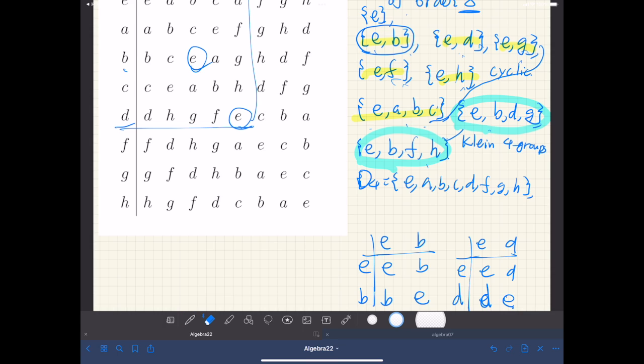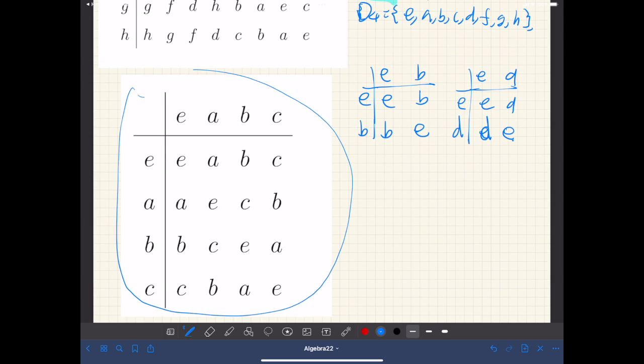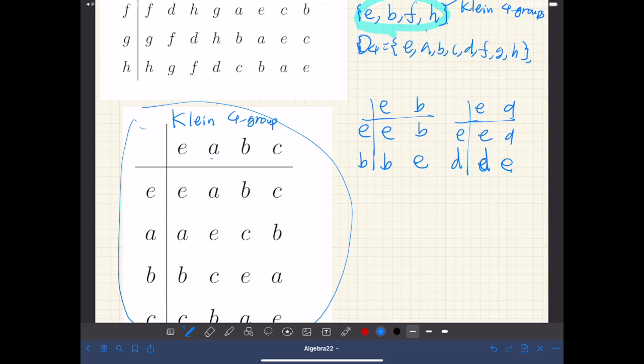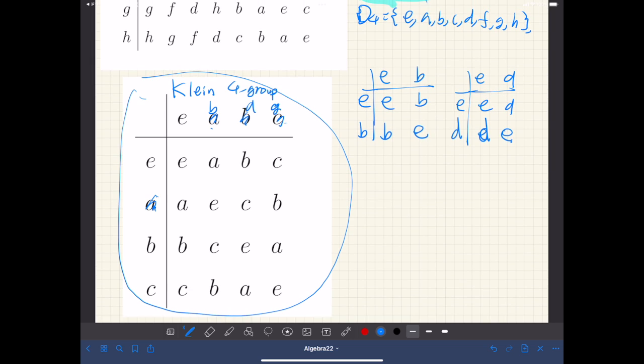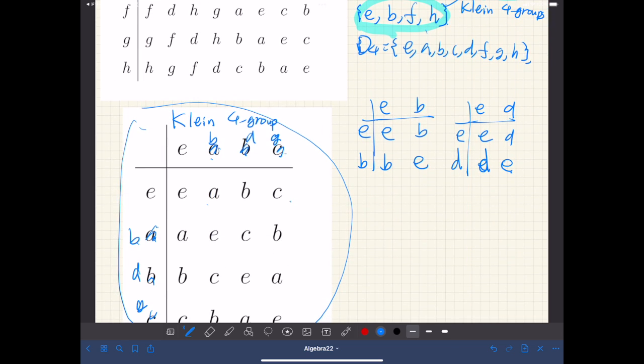And for the Klein 4 groups, we have seen the Cayley table for the Klein 4 group before. So this is the Cayley table of the Klein 4 group. Here we have E, B, D, G. So replace these A, B, C with B, D, G, and replace all these.